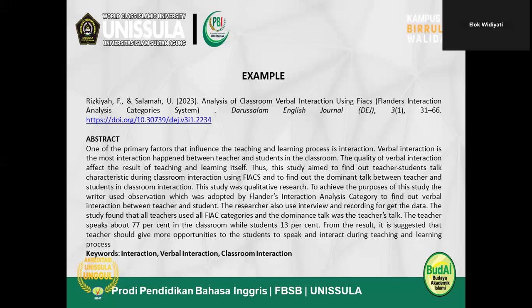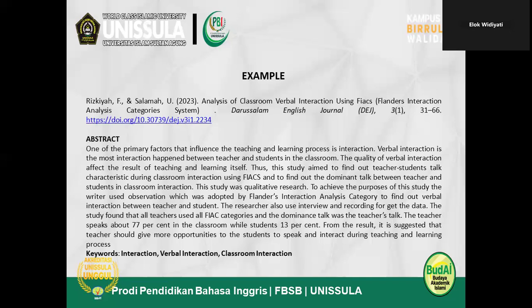Now we took the abstract, and we know the keywords, and you may focus on those three items. The first is of course interaction, verbal interaction, and classroom interaction. So here the researchers are trying to show what?